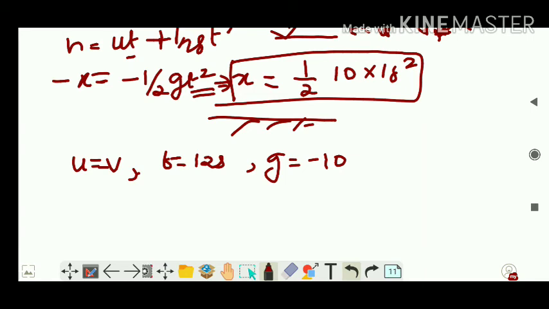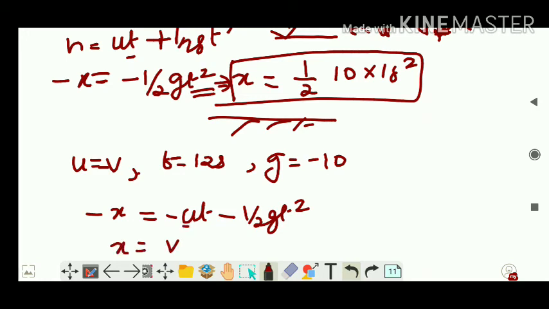Now again the displacement is minus x. Minus x is equal to minus ut minus half gt squared. So I can just neglect every minus here. I can write the expression as x is equal to, in place of u I'll write it as vt plus half into 10 into t squared, it is 12 squared.